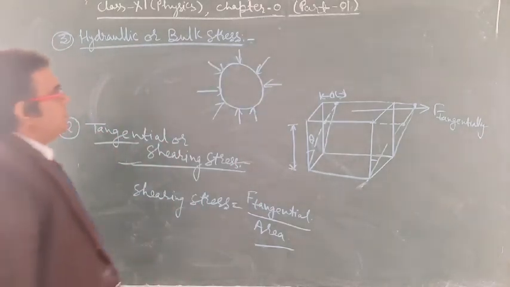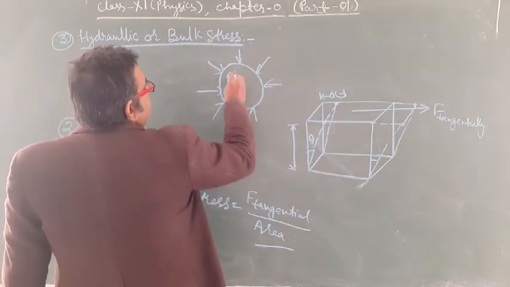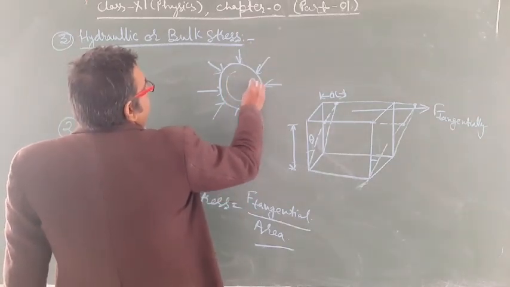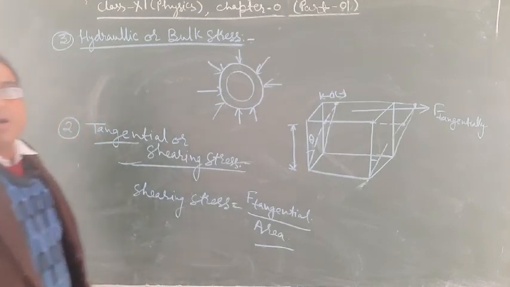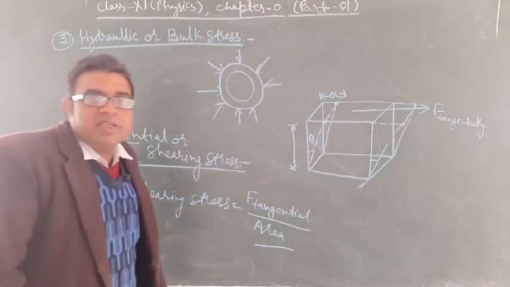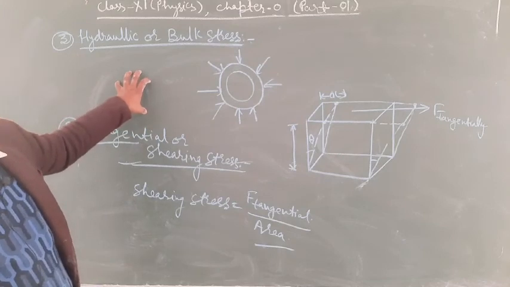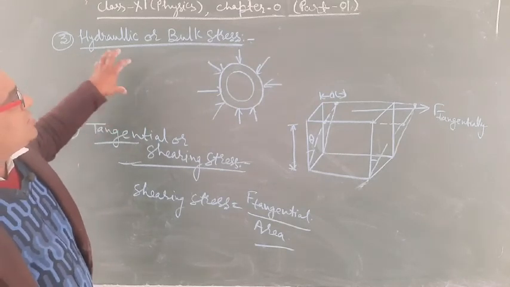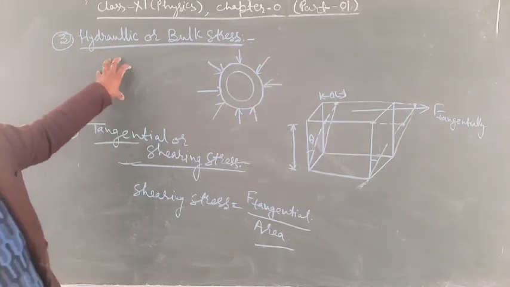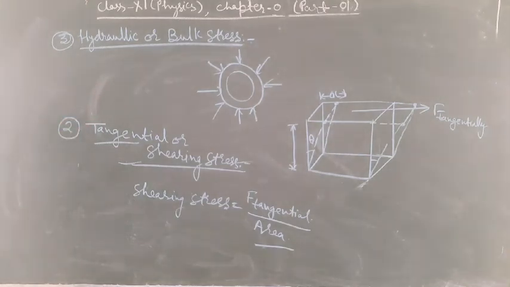If the force is applied, then the volume of the solid is going to change, but its shape is not going to change. Since the volume changes, this stress is also called volumetric stress.